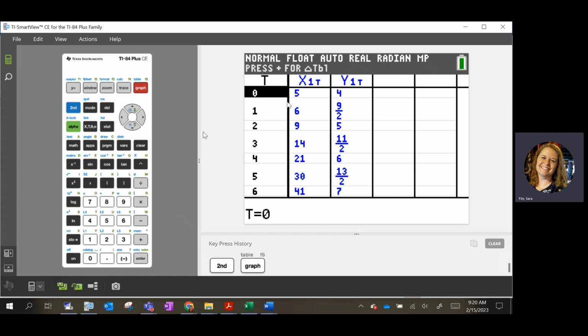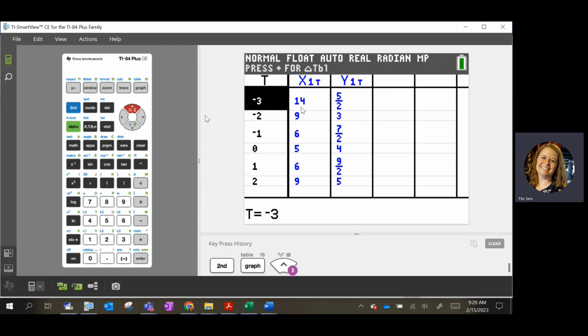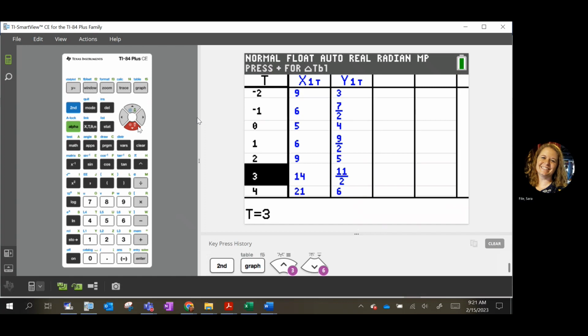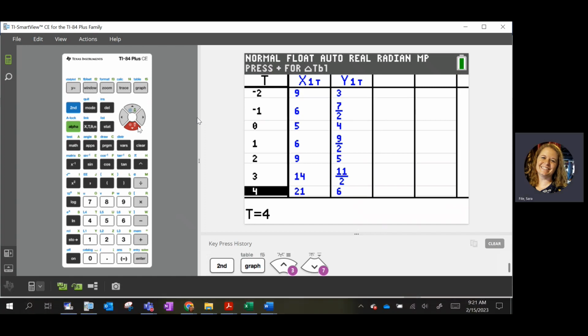And so I can see when T is 3, my X goes all the way out to 14. I go to -3. Okay, so 14 is the furthest right it needs to go. And then if you look at the Y values, 5 halves, 7 halves, 9 halves, 5, 11 halves.